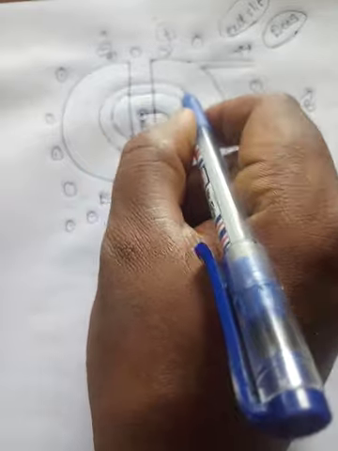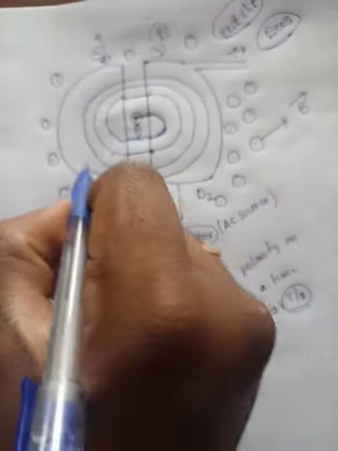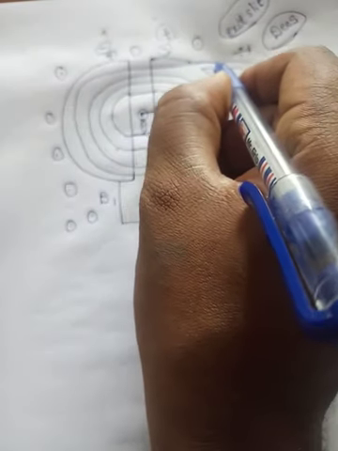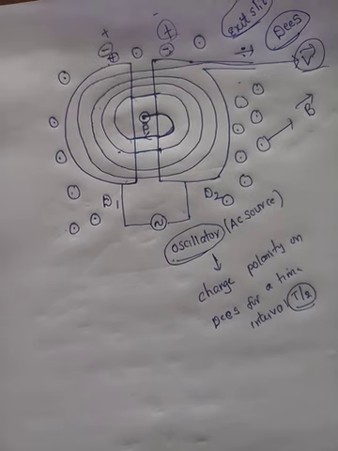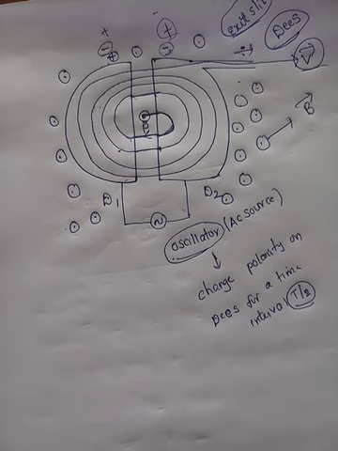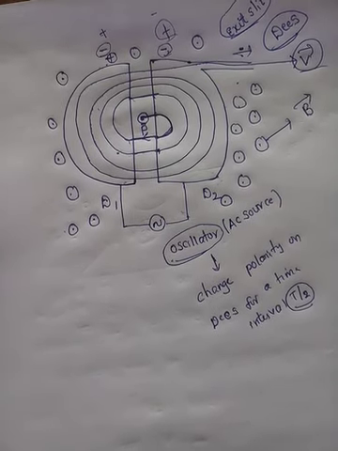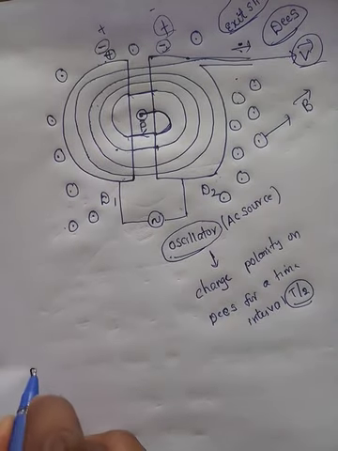It keeps on moving, the velocity increases, and finally it comes out of the slit with maximum velocity. So that is the principle. What did we do?